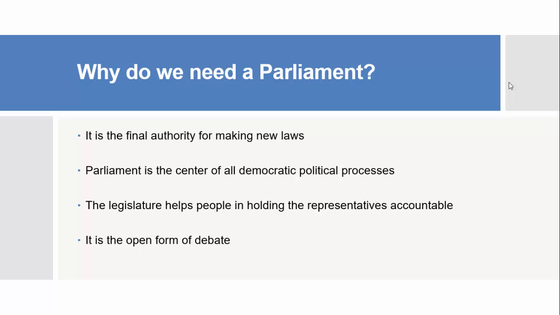It witnesses different actions like walkouts, protests, demonstrations, concerns, and cooperation. Legislature helps people in holding the representatives accountable, which is the foundation of representative democracy. It is the open form of debate.